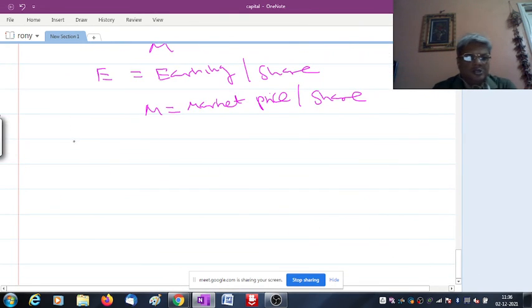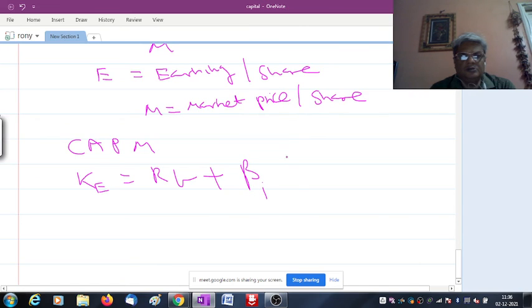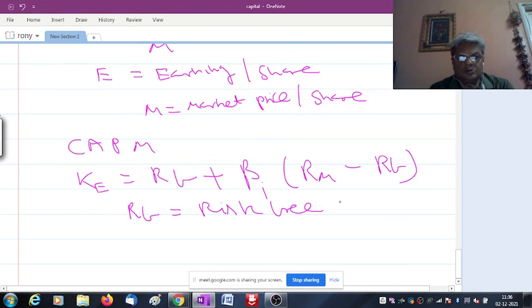Another is the CAPM. K equal to RF plus beta times (RM minus RF). You will learn this in portfolio management in the fourth semester. RF means risk-free rate of return.